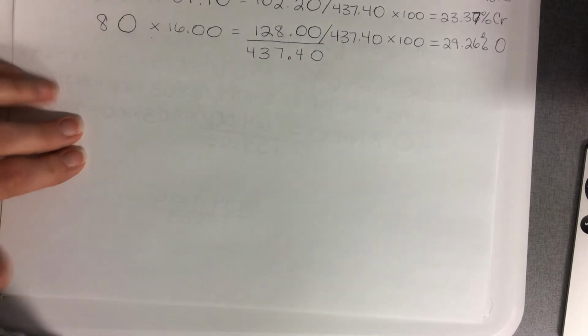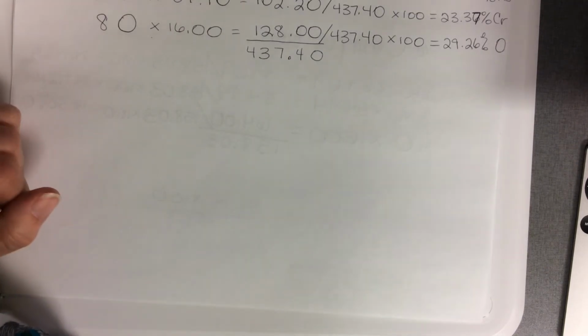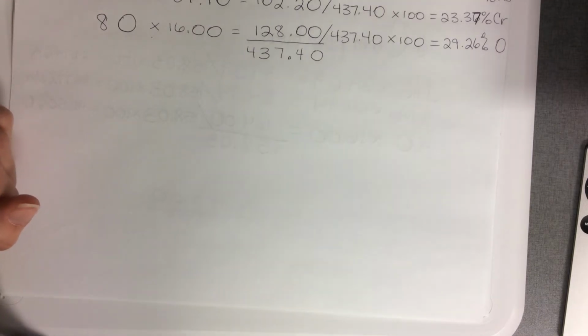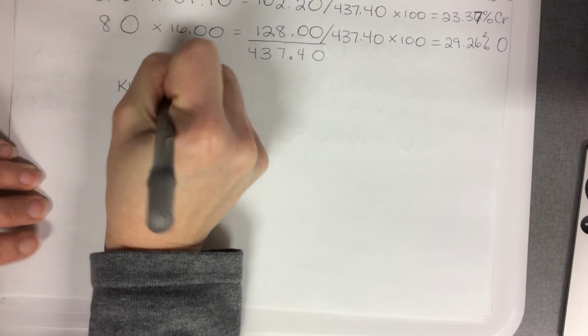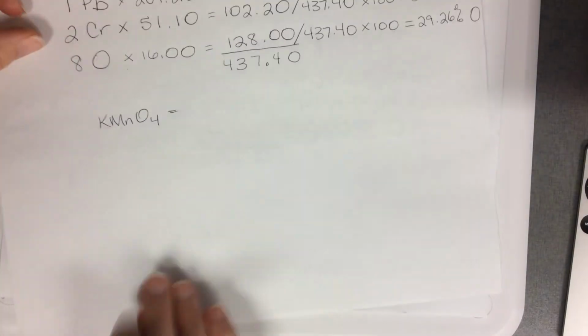Okay, so let's go ahead. Number 3 says calculate the percent composition of just oxygen and compare it versus the percentage of oxygen in the previous 2 compounds. So in KMnO4, we said there was what? 40.50?